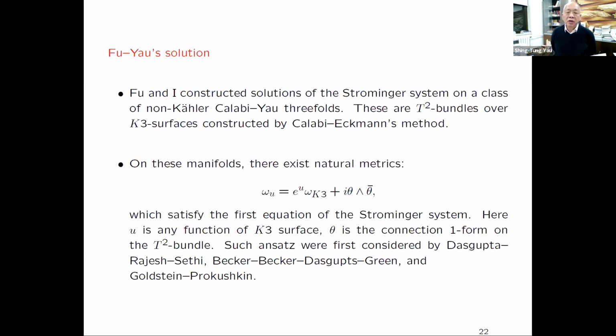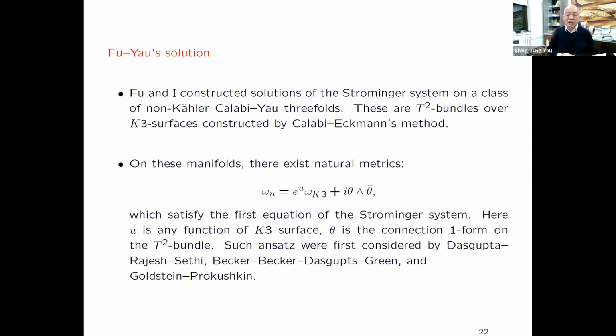So these are torus bundles over a K3 surface. It's a fiber bundle in the sense that the fibers are isomorphic to each other. In these manifolds, there exist natural metrics. I take a Calabi-Yau metric on the K3 surface and conformally deform it by a function, e to the u, where u is any function defined on K3.